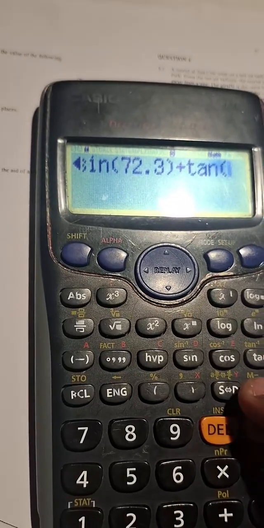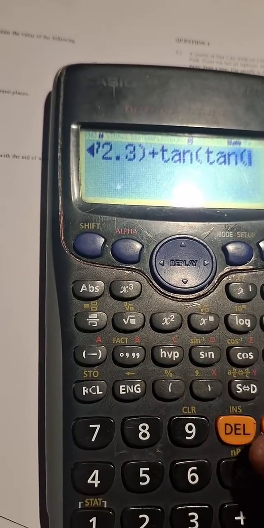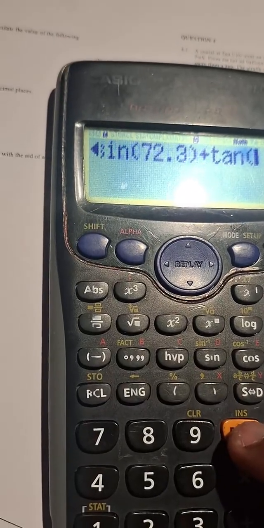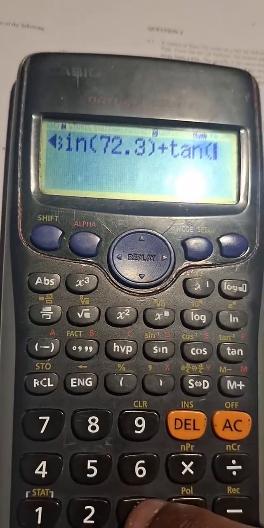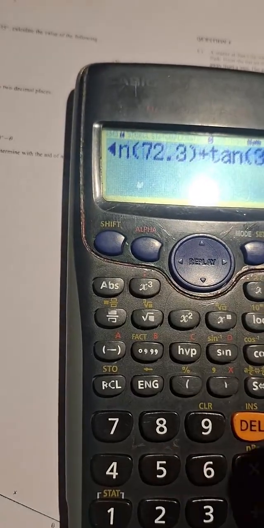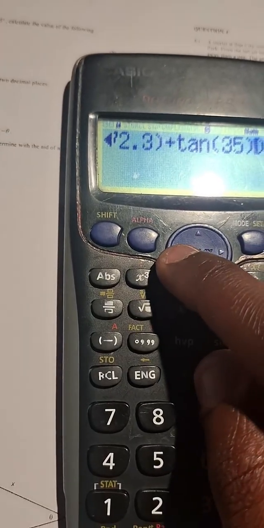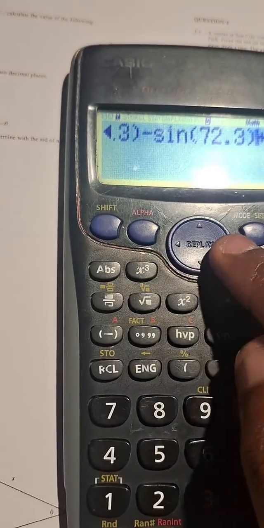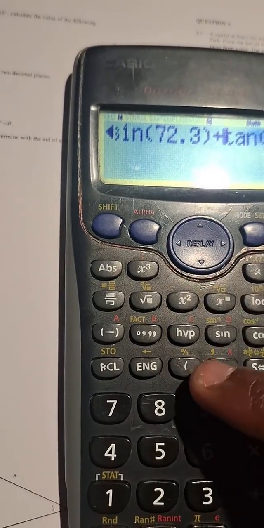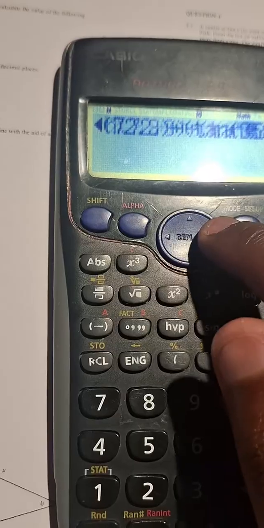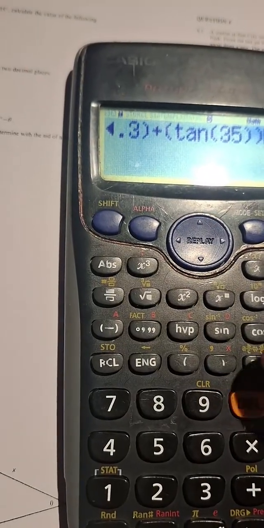Now I would say tan beta, 35 degrees, and I also know that this guy is going to be squared alone at the end, which is very key.